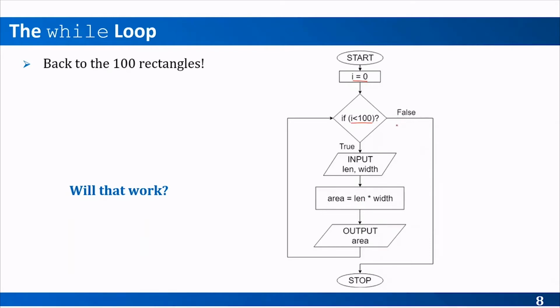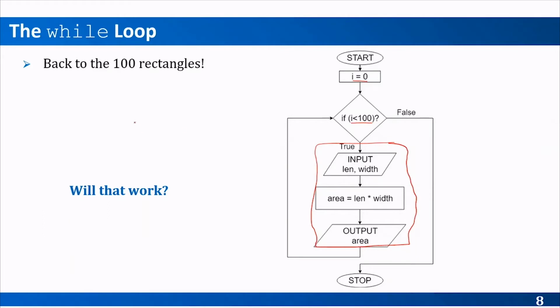In other words, are you going to terminate eventually? Are you going to get to that stop point here? The answer is no, because here i is equal to 0, and here the condition is i less than 100. And then if you notice, in all of the parts of the code that you are executing here, you are never going to change the value of i.